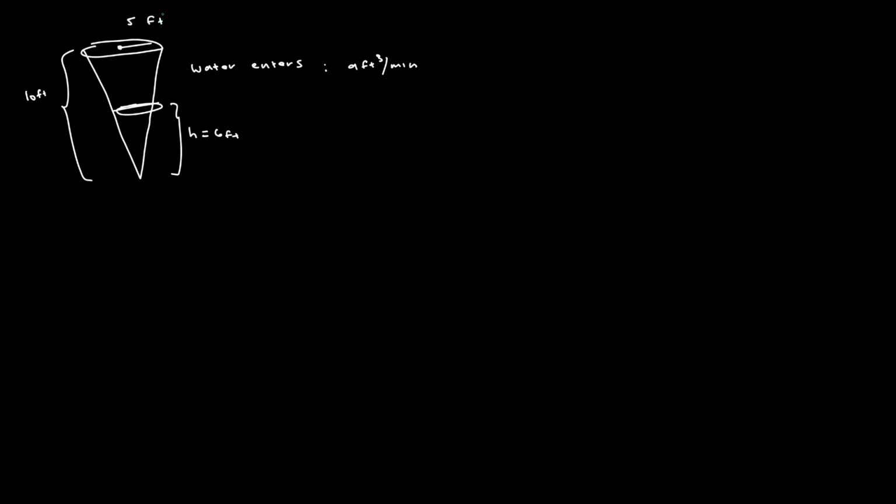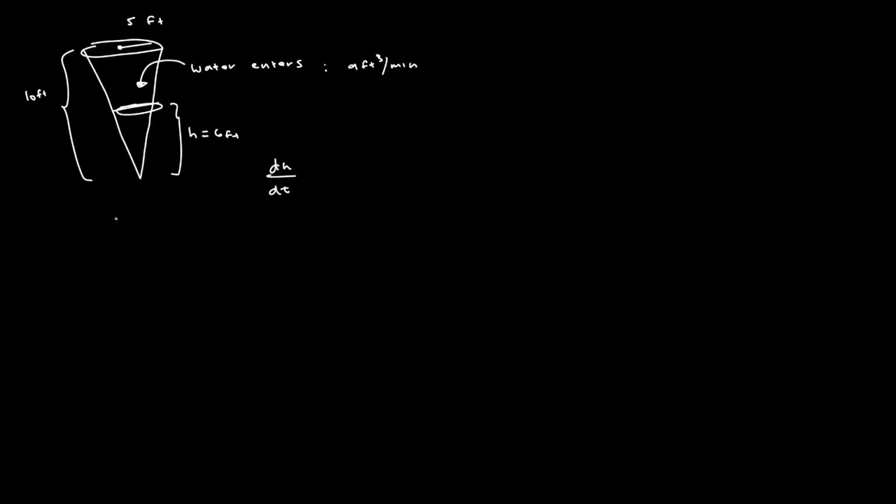Given the fact that the water is entering at 9 feet cubed per minute, we have to find out at this moment how fast our height is increasing. So we have to find dh over dt. Clearly we're dealing with water entering, so we're dealing with the volume changing.